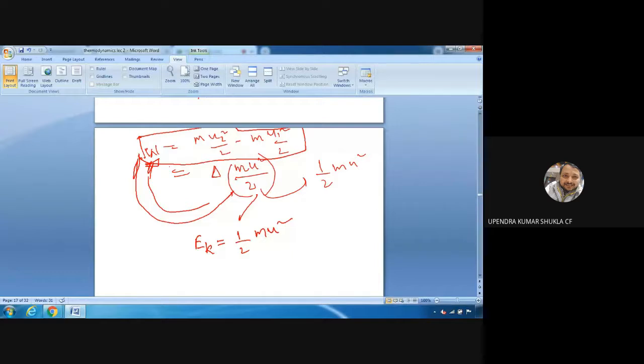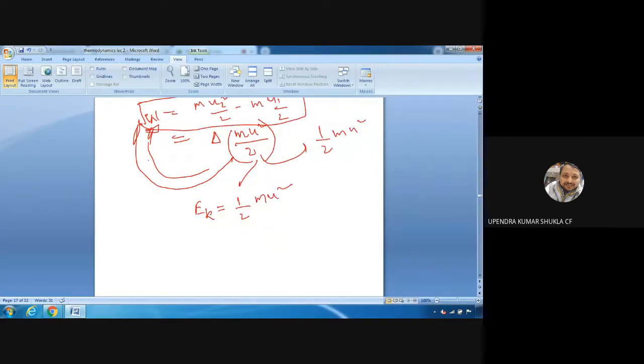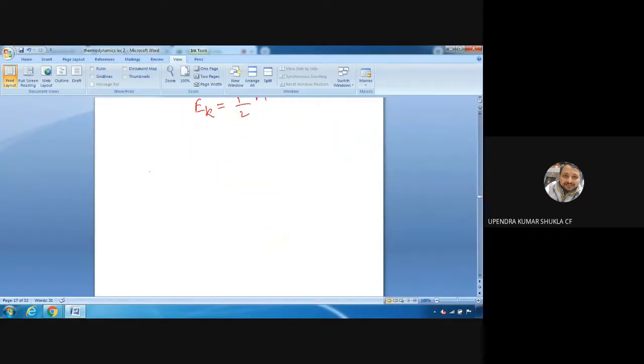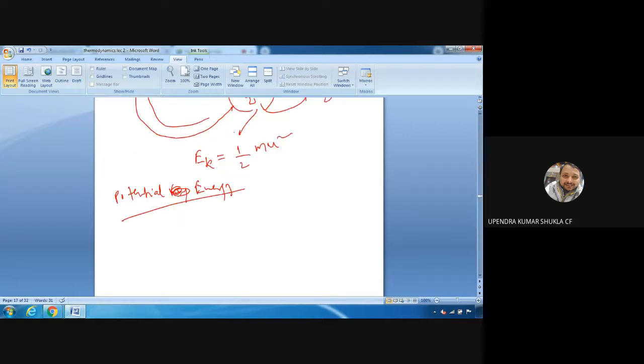Now another thing I would like to tell you, the potential energy, another form. Now you should understand not only that kinetic energy is half m v square, but its derivation also.